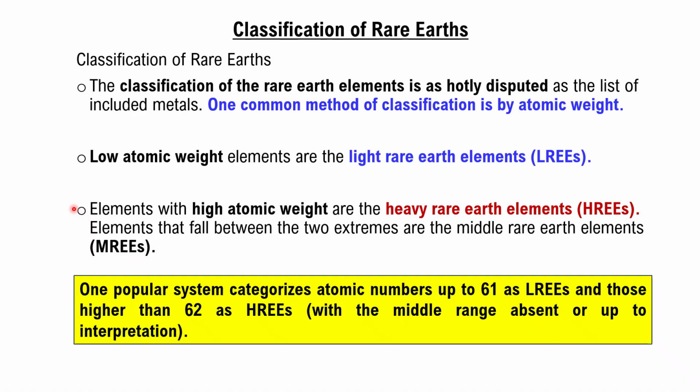Elements that fall between the two extremes are middle rare earth elements, that is MREEs. One popular system categorizes atomic numbers up to 61 as LREEs, and those higher than 62 are HREEs, with a middle range absent or up to interpretation.